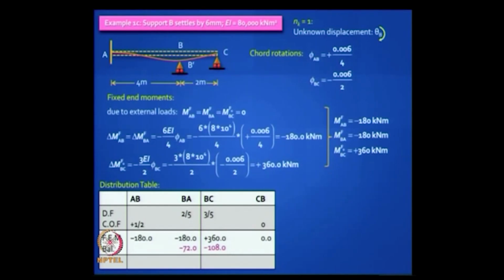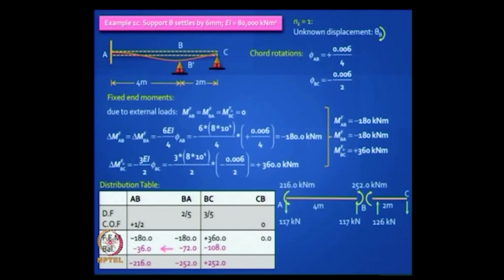The carryover factor is plus half, so half of minus 72 is minus 36, and that's it. You've done the balancing. This is called a one cycle distribution. You've got the exact results, and many problems can be done very fast in this method. You add up the total, you got those moments. Then you can draw the free bodies, you can draw the bending moment diagram.